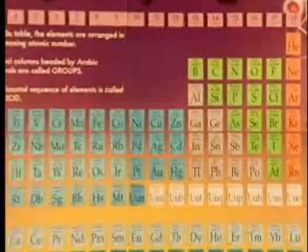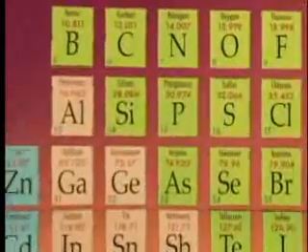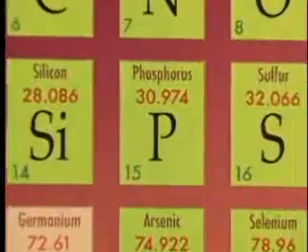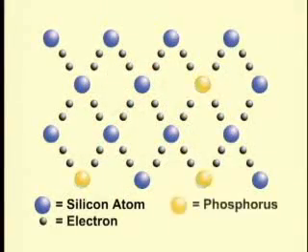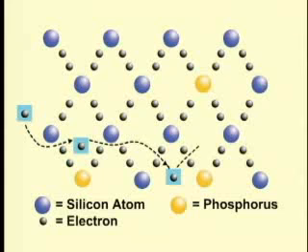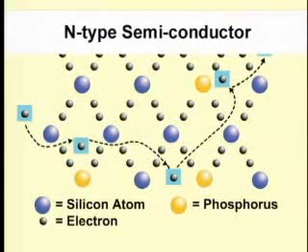One of those elements is phosphorus, which we can determine by the periodic table has 5 valence electrons. So, when it bonds with silicon, the 5th electron has nothing to bond with. Electricity flows through the material due to the unbonded electrons. This is called an N-type semiconductor, the N referring to negative.